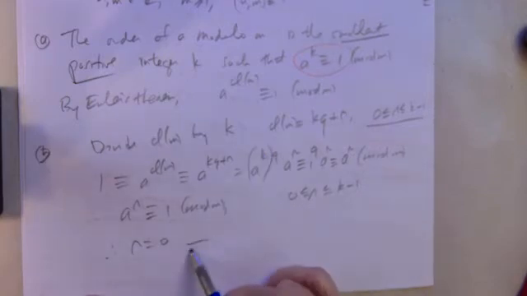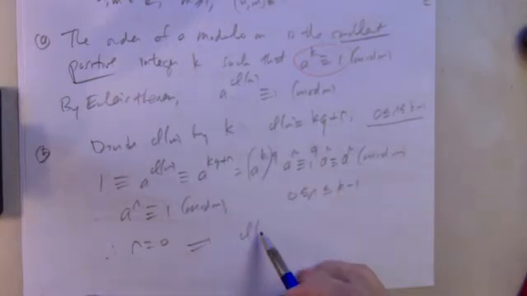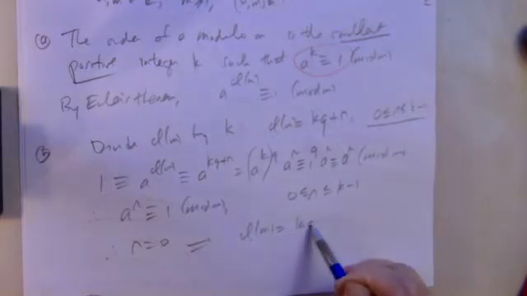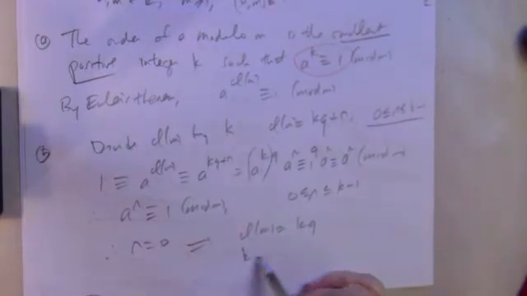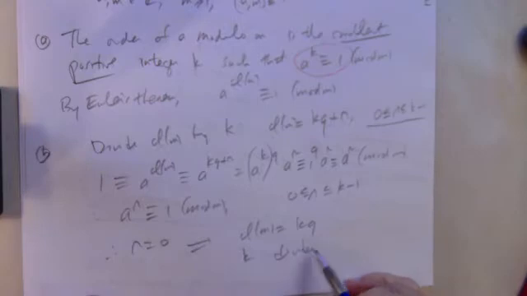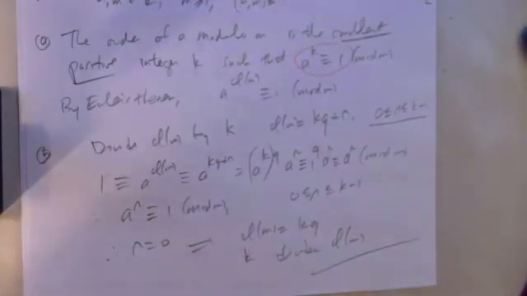And if r is 0, phi of m is k times q. That is, k, the order of a, divides phi of m. So that is the arithmetic proof of this result.